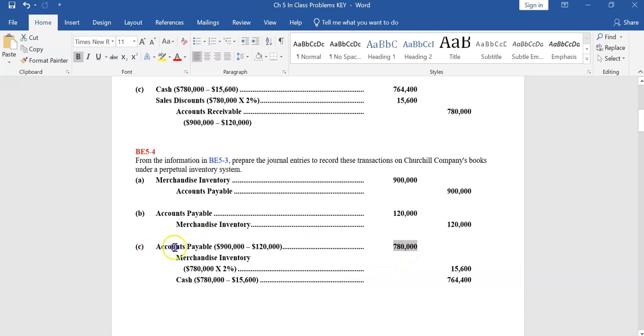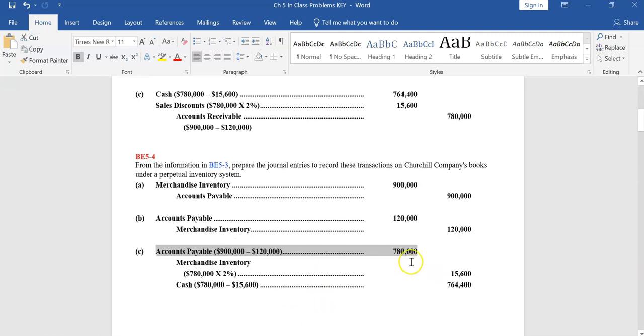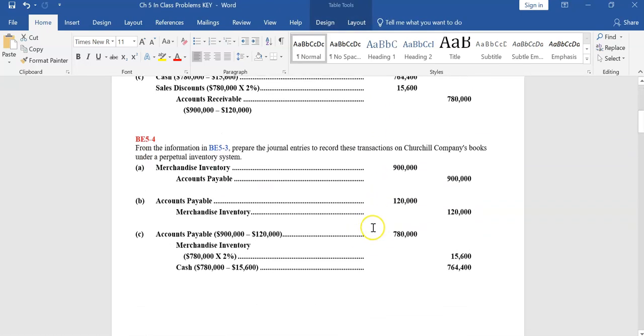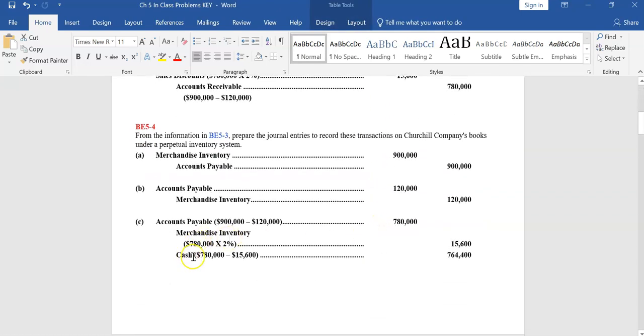We will decrease accounts payable by the full $780,000. Now remember, Churchill was offered a 2% discount if they paid in 10 days. They paid within 10 days, so they do not need to use $780,000 in cash to pay off the full liability. They only need to use $764,400 in cash.